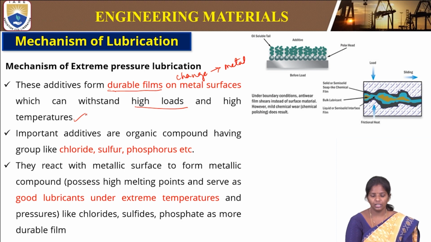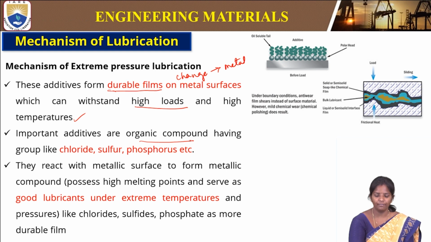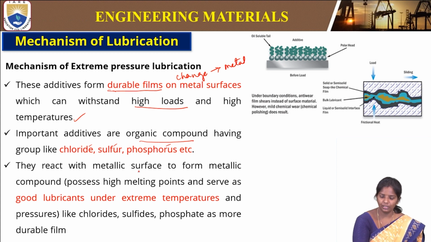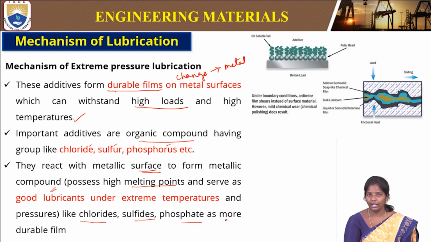The important additives are organic compounds having chloride, sulfur or phosphorus ending groups. They react with metal surfaces to form metallic compounds with high melting points that serve as good lubricants under extreme pressures and temperatures, like chlorides, sulfides and phosphates.